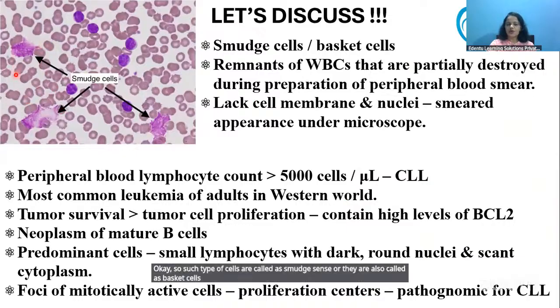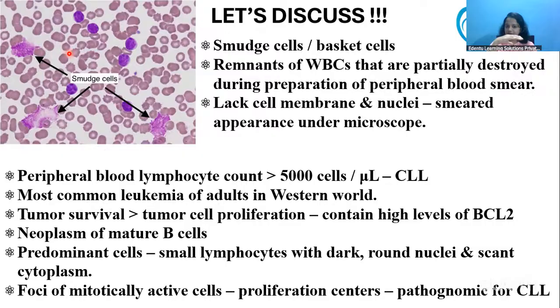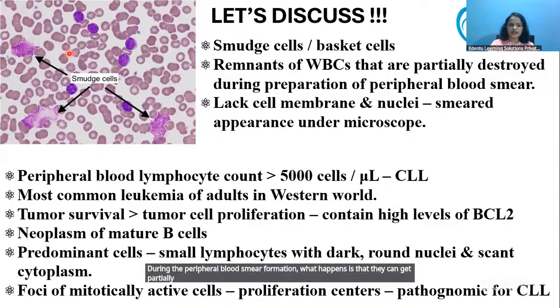They are formed in the peripheral blood smear because the cell membrane of these WBCs may not be that strong, so during the smear preparation they can get partially destroyed and form smudge cells like this.